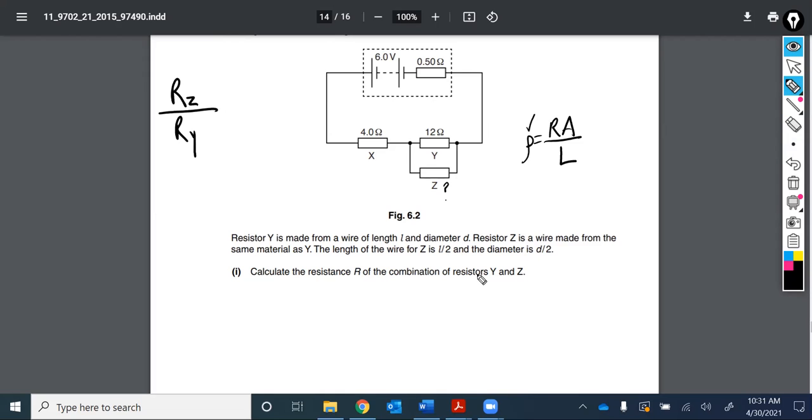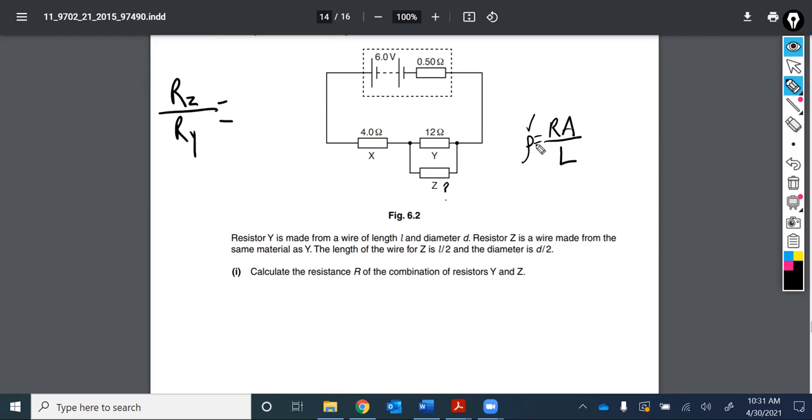This way RZ is in the numerator. That's the one we want to know, the resistance of Z, so let's put it in the numerator. It's easier to solve for. Then we're going to use this equation here. So remember that Y just had everything kind of like a unit length here.